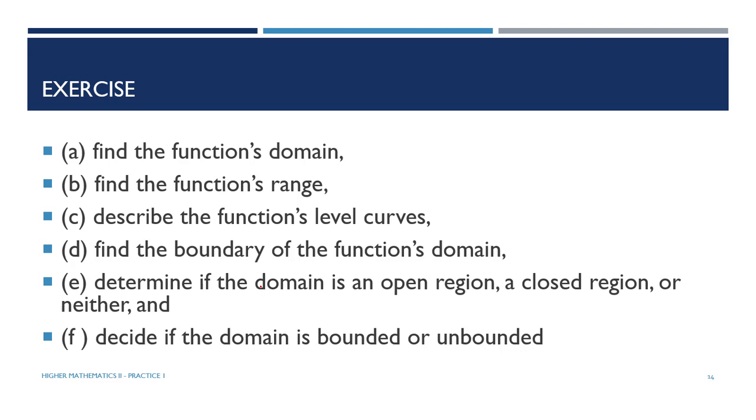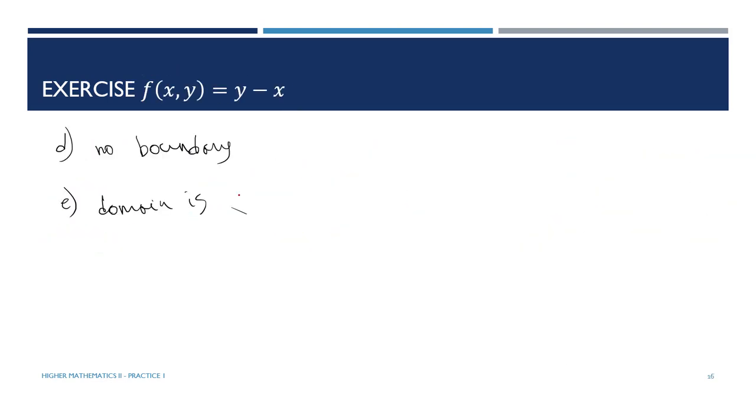When it has a boundary, but the boundary is not included in the domain, we call it open. When it has a boundary and the boundary is also included in the domain, it is called closed. So the domain is not open and not closed.